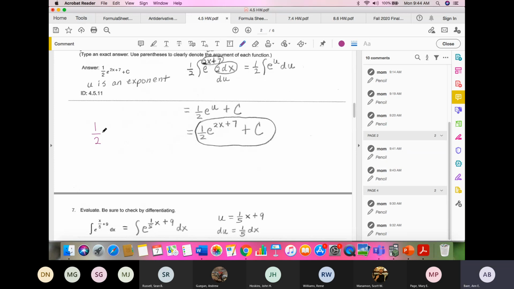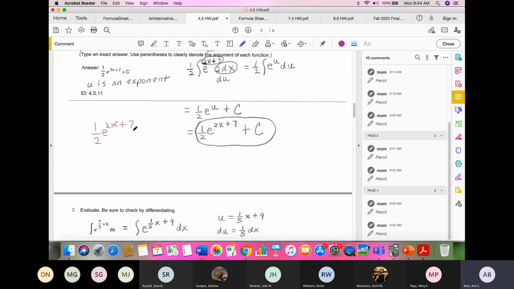When we differentiate e to a power, it's e to that power times the derivative of that power.